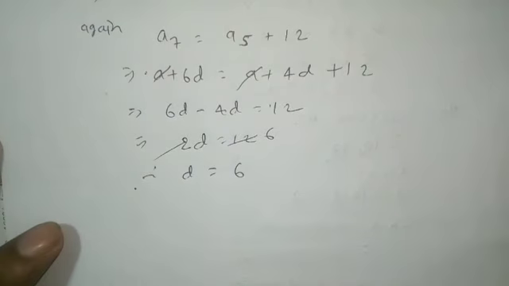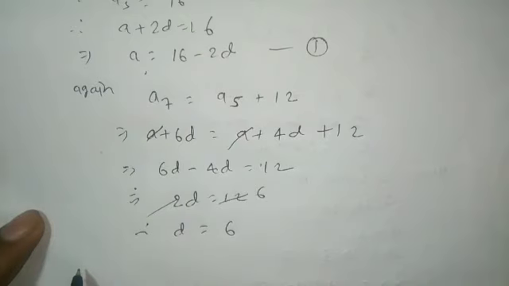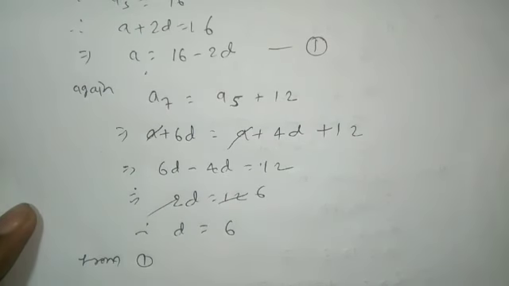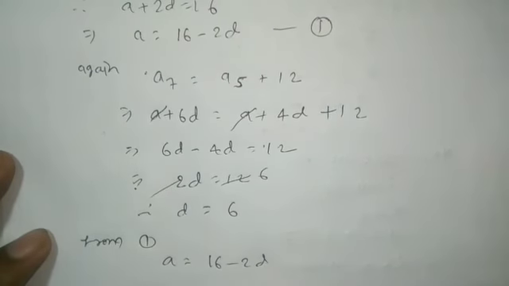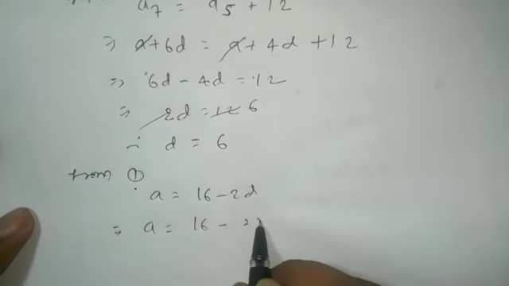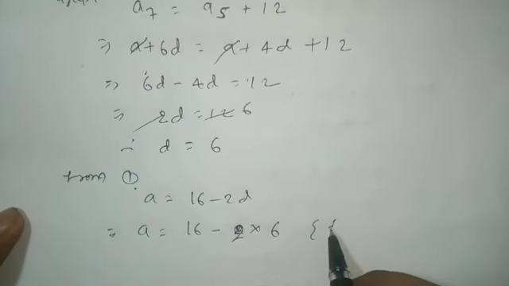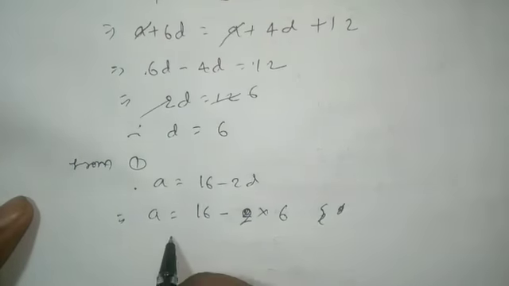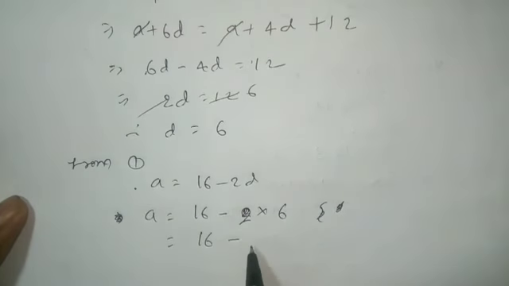Now I am putting the value of D in equation 1. Then from 1, A is equal to 16 minus 2D implies A is equal to 16 minus 2 into the value of D is equal to 6. Is equal to 16 minus 12 is equal to 4.